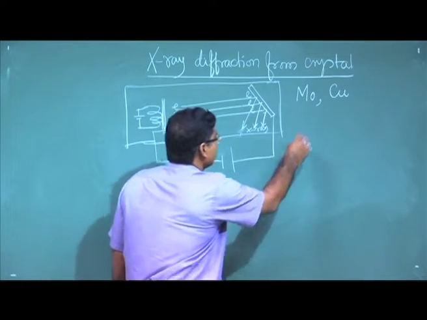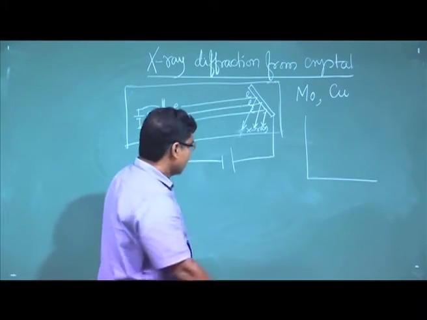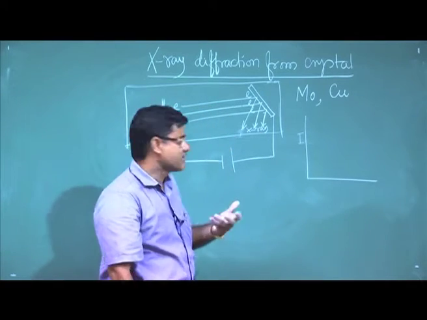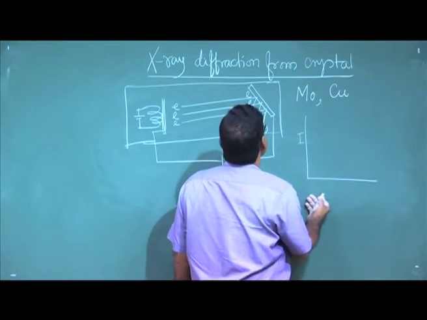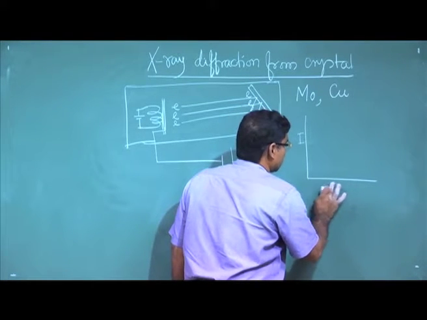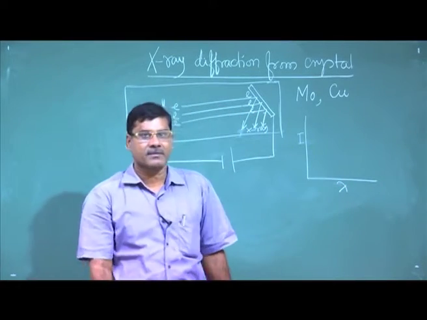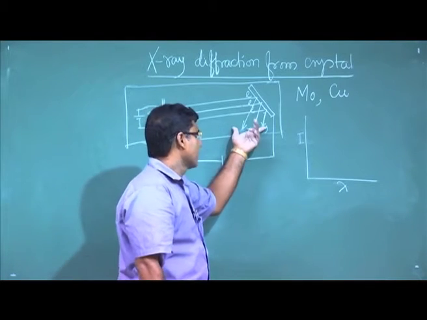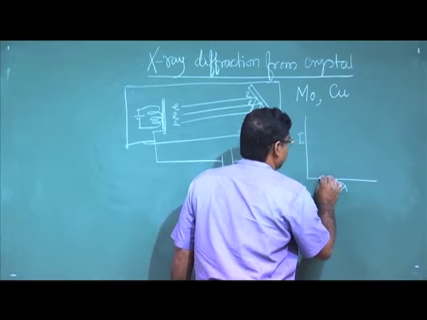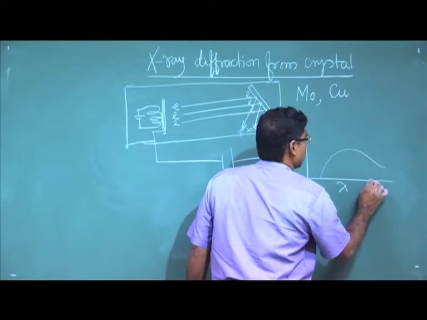So, if I draw the intensity of the X-ray coming out versus the wavelength of this X-ray, it is this type of curve one can see, okay.